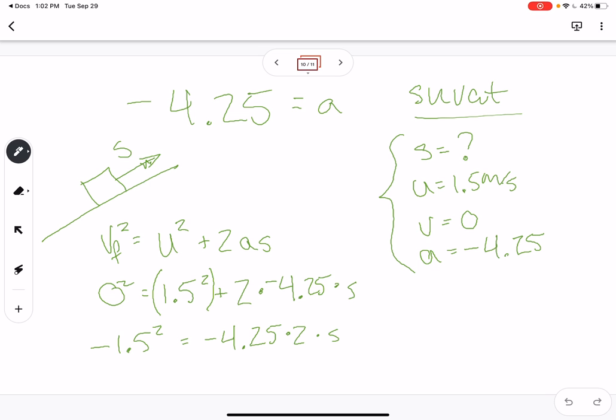Agreed. So what is negative 4.25 times 2? Negative 8.48. So you guys get negative 8.48. I did something wrong. Why did I divide by 0?